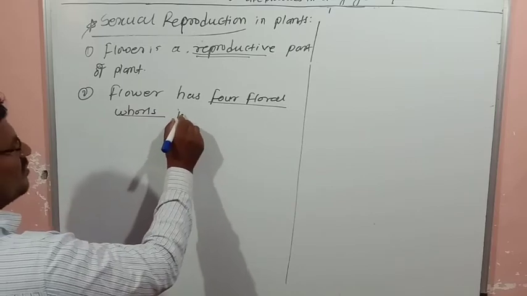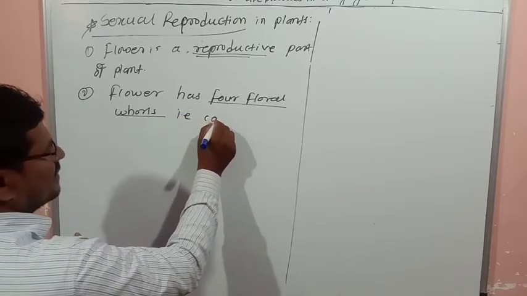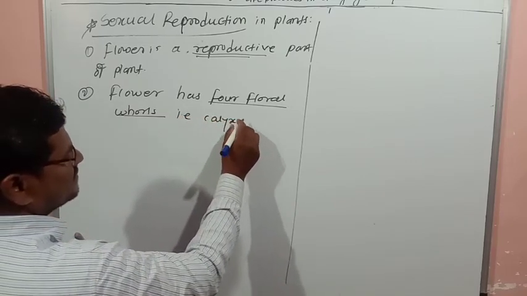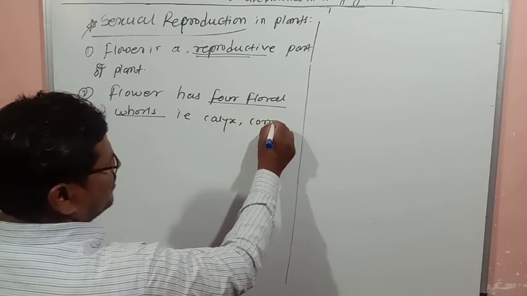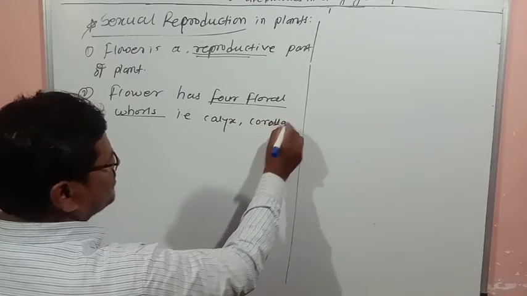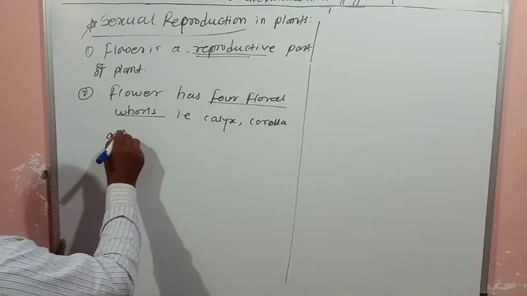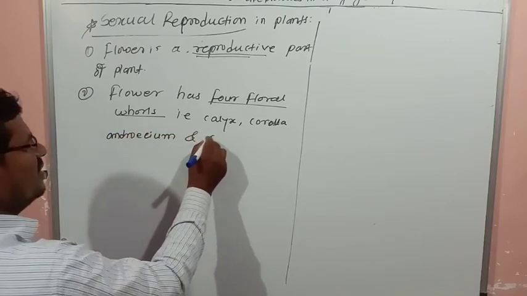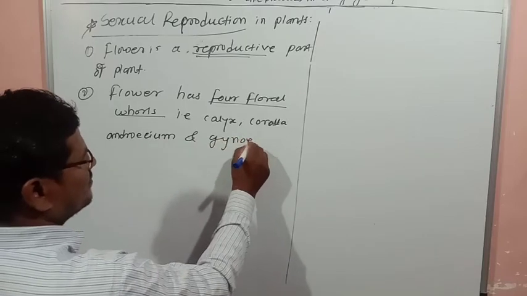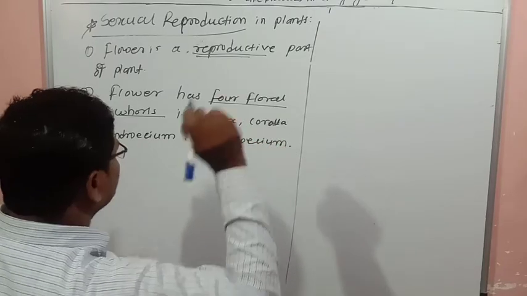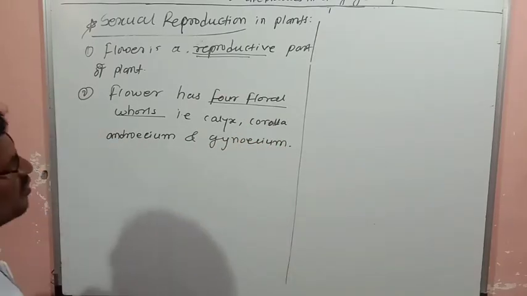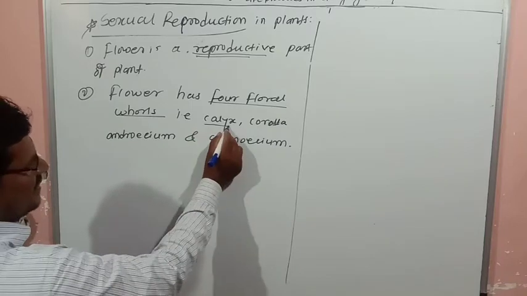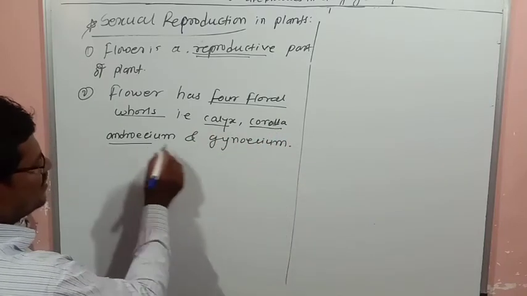Which floral whorls are there? Calyx, corolla, androecium, and gynoecium. Four floral whorls are there: calyx, corolla, androecium and gynoecium.